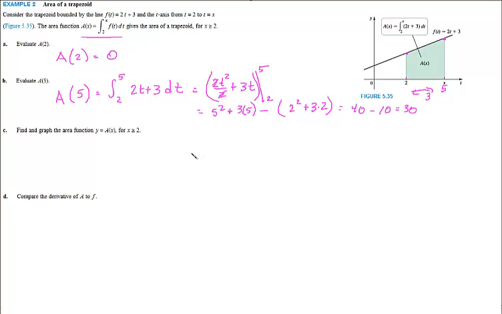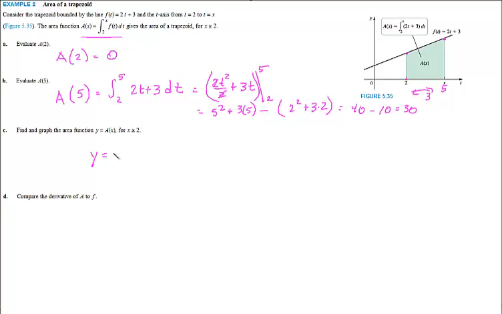Then my next thing is to find and graph the area. I think they already have that done for us, so we've got that. And we're supposed to just find what this area equals with just a regular x is what they really want me to do.